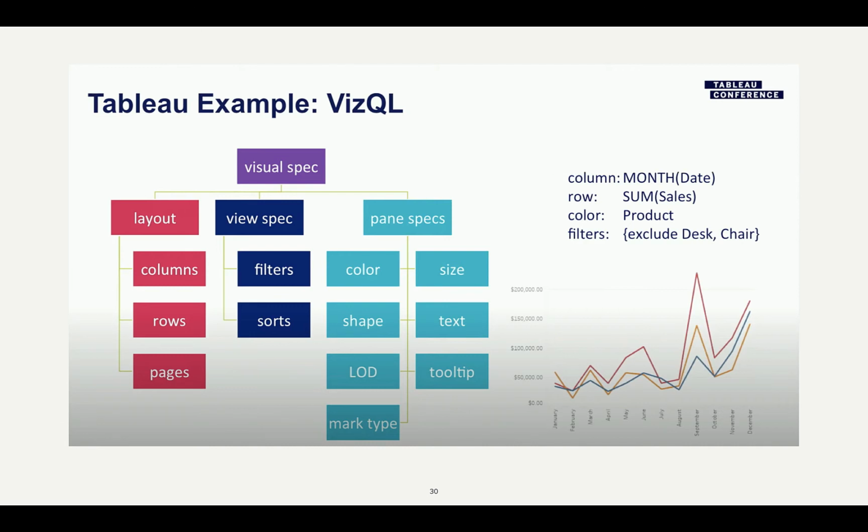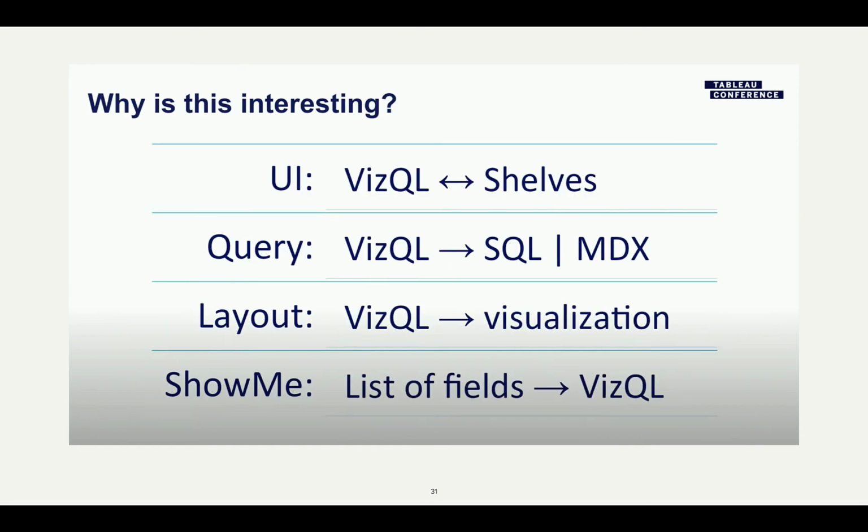So we're excluding desks and chairs, and then that programming logic is what we see in the bottom right hand corner, a typical visualization. But that's what the VizQL layer is doing. It's taking what you're dragging onto a row shelf and a column shelf and a color card and a filter card, and it's converting all that into the visualization that we see in the bottom right hand corner. And that's what's happening at this layer of the Tableau metadata model.